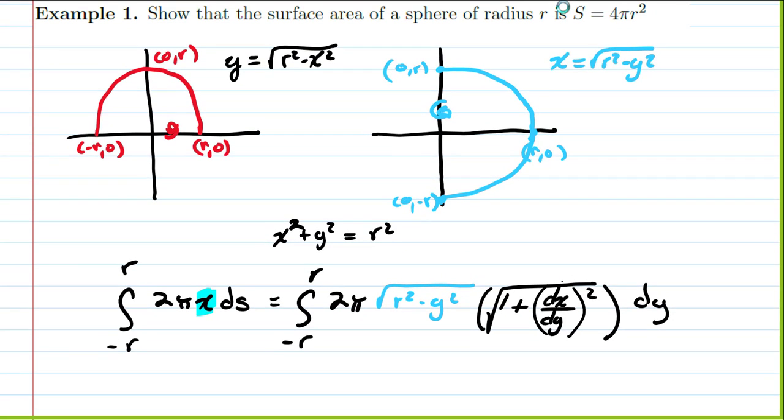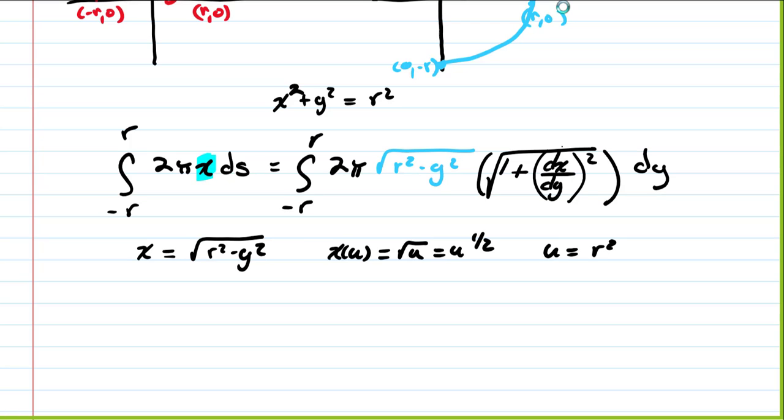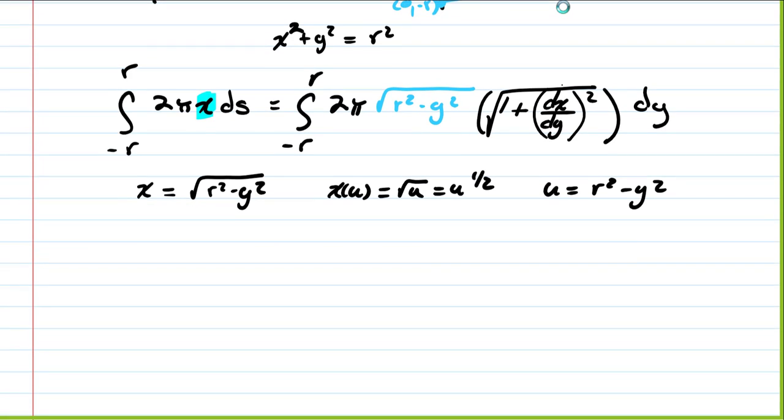Well, that's just the derivative of this. x is equal to the square root of r squared minus y squared, sorry. Our inner function is, we have x of u is equal to the square root of u, which is u to the 1/2, and our inner function u is r squared minus y squared. So then our derivative, dx/dy, by the chain rule, is dx/du times du/dy.